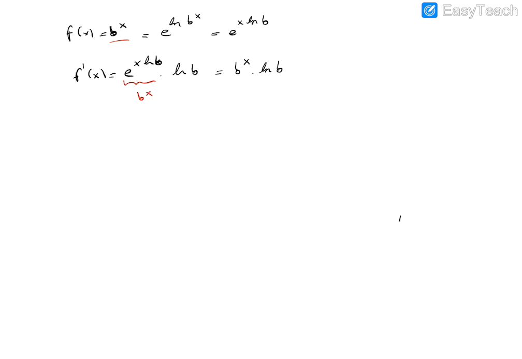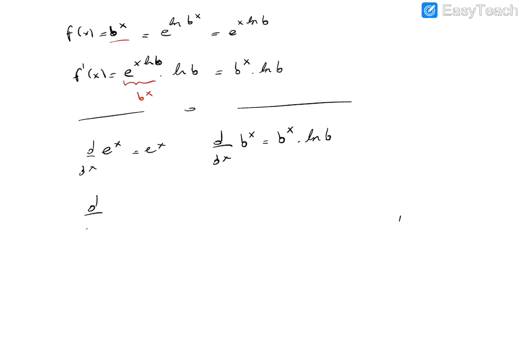Briefly, let's write all the formulas here. The derivative of e to the power x equals itself. The derivative of b to the power x equals b to the power x times ln b. The derivative of ln x is 1 over x. The derivative of logarithm base b of x is 1 over ln b times 1 over x.